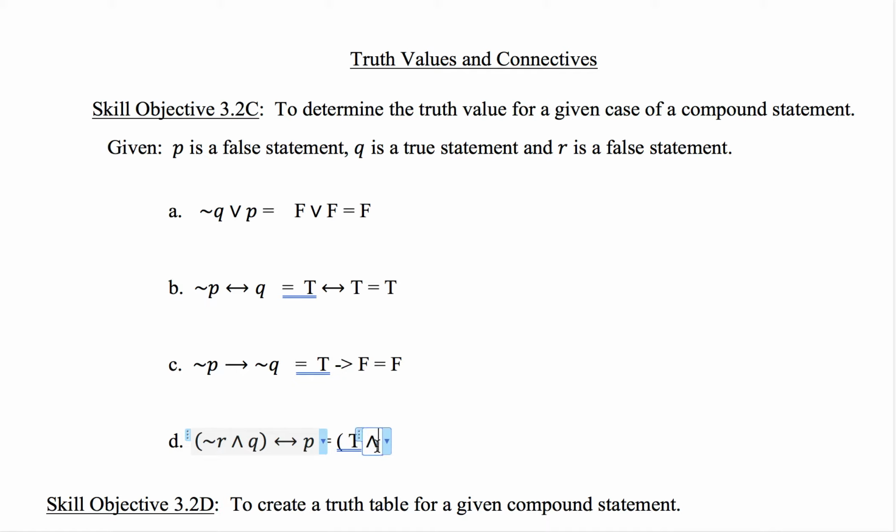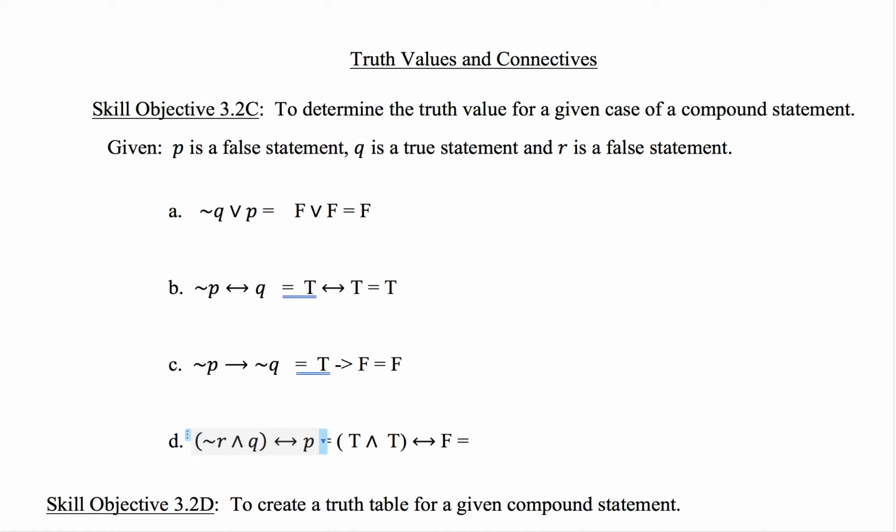Now we're going to look at Q. Q is a true statement, so we're going to put another T there and close that parenthesis. We're going to do our if and only if statement, and then we're going to do P. P is false according to our problem, and so we have this.